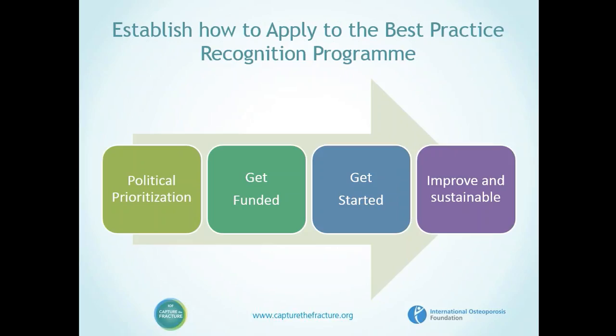And for the first three steps, it's almost always essential to have a champion. Champions can't ever be overvalued because they are needed everywhere to get to the stage where the programs actually are sustainable and possible to improve.